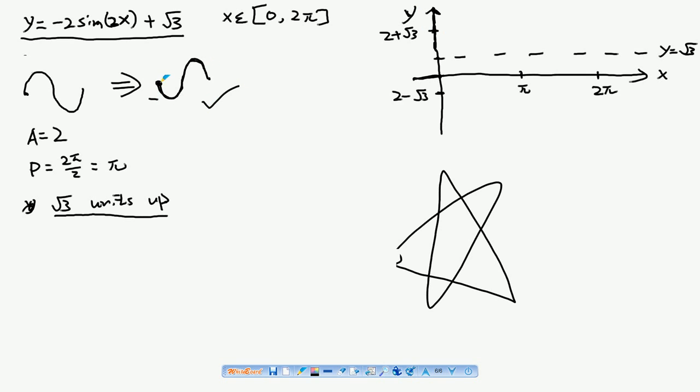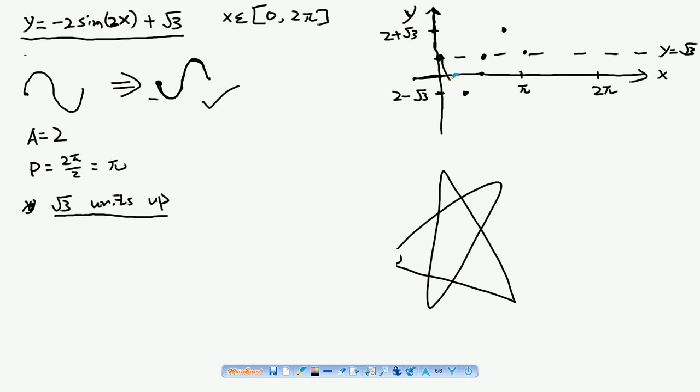At the starting point, we start on the neutral line, and we have a minimum point after a quarter period. Then another neutral point, a maximum point, and a neutral point there.